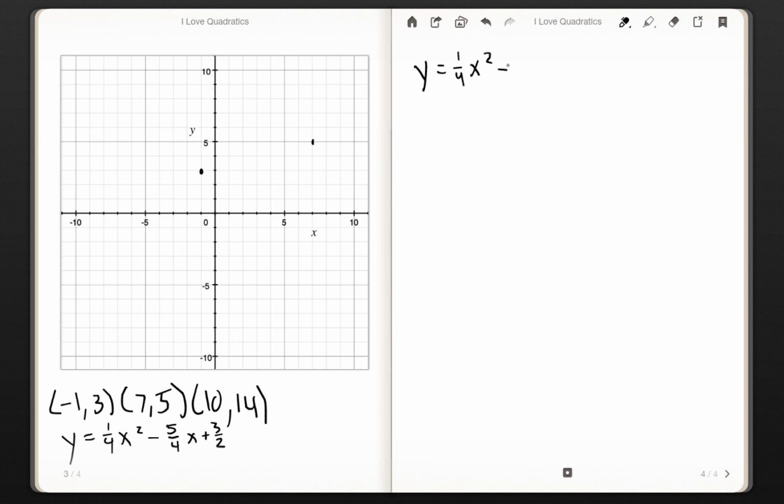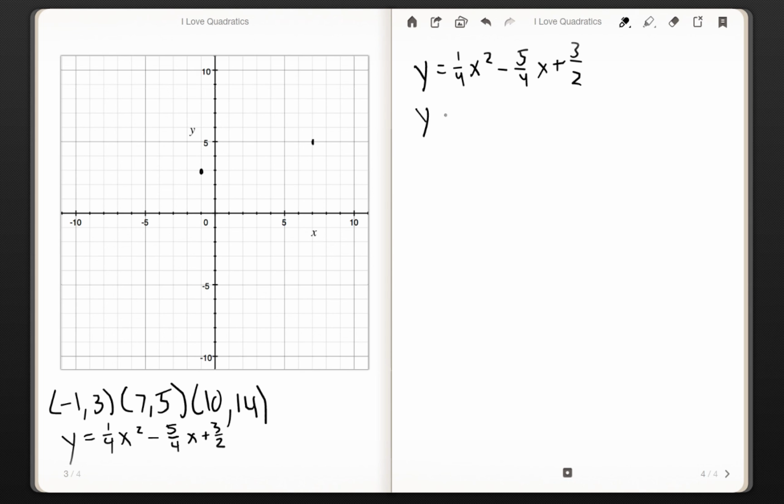And we can't graph right out of standard form. We need to use vertex or root form. So let's see if we can use root form.